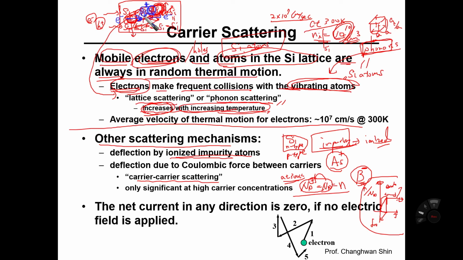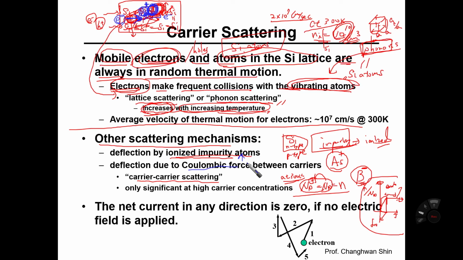However, since this silicon atom is now replaced with the ionized arsenic, once a negatively charged carrier, an electron, is moving in this direction, it will be attracted toward the positively charged arsenic atom because of the Coulombic force, not between carriers in this case, but between the ionized atom and the electron.